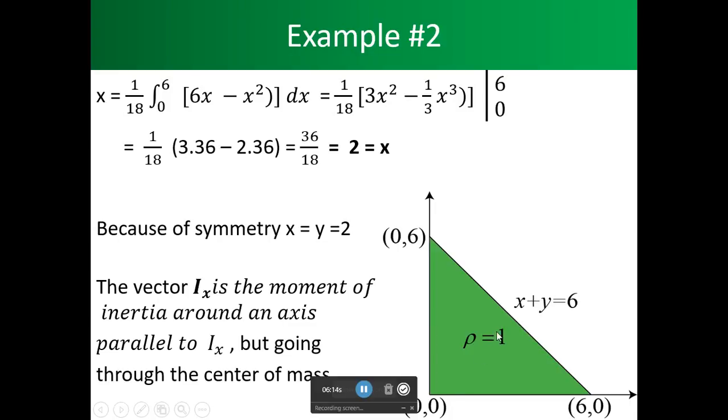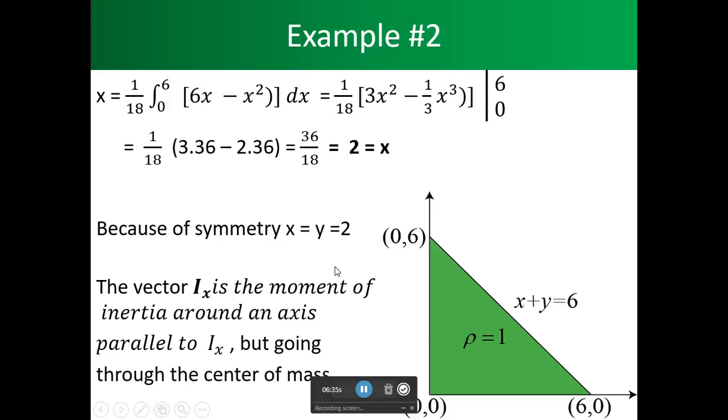And that's what we know, so it goes through what? The center of mass. And our center of mass is going to be where? Going to go over 2 and up 2. And that's where our center of mass will be located. That's what we found out here.